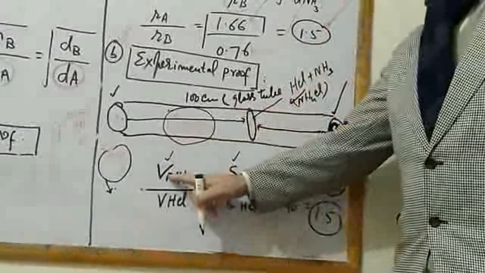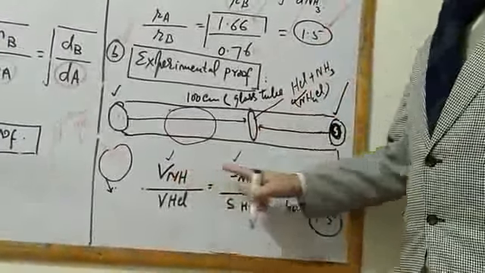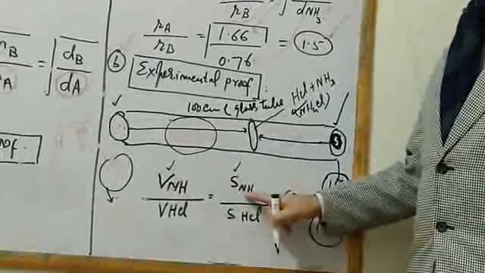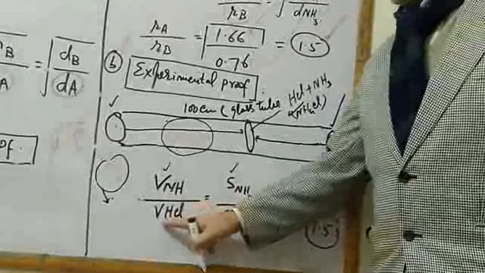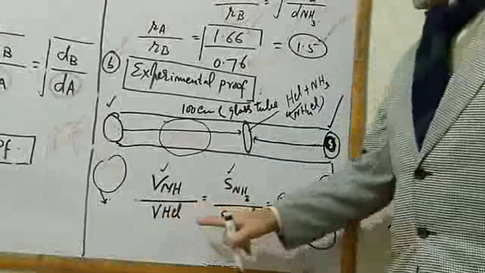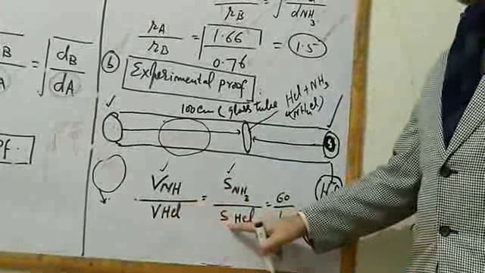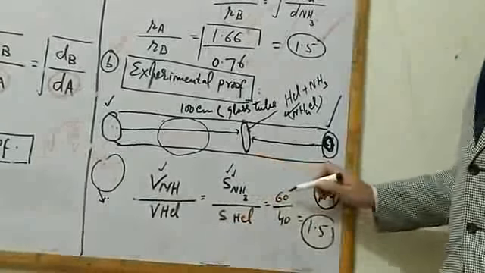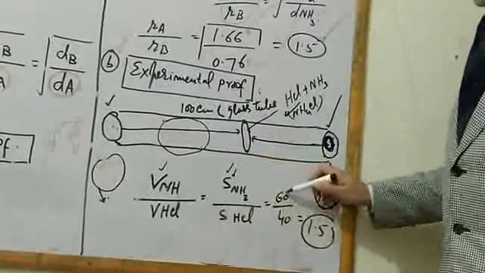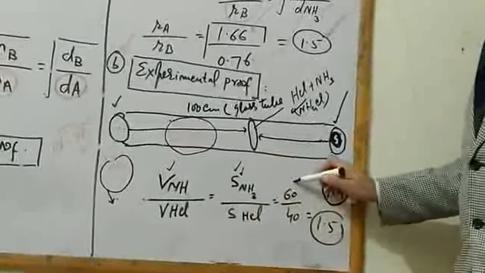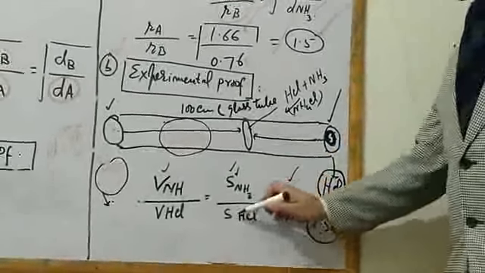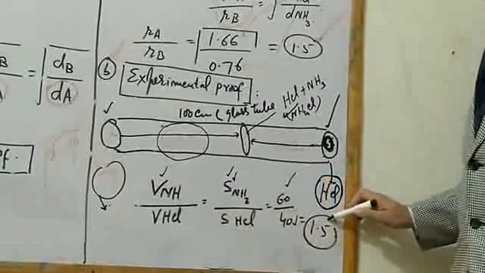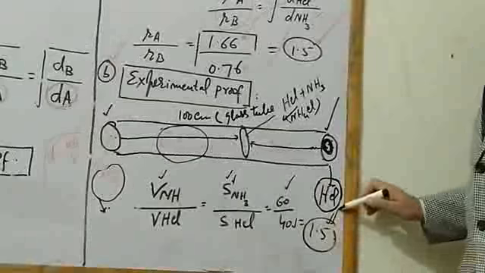Therefore, the rate of diffusion or velocity of NH3 is directly proportional to the distance covered by ammonia, and the velocity of HCl is directly proportional to the distance covered by HCl. Just put here the distance covered by ammonia is 60 centimeter and the distance covered by HCl is 40. Just divide this by this, again you will get 1.5.